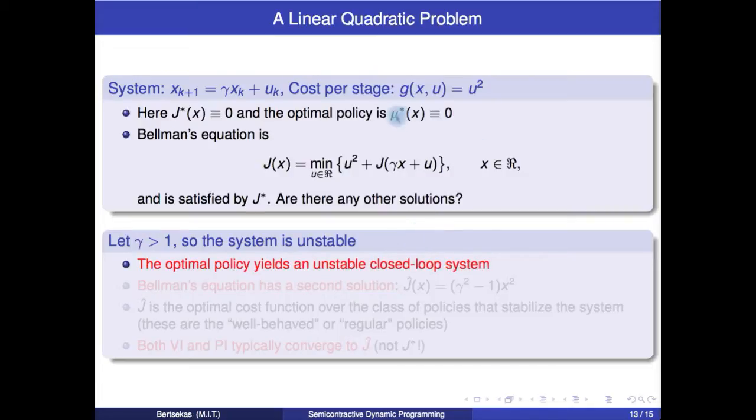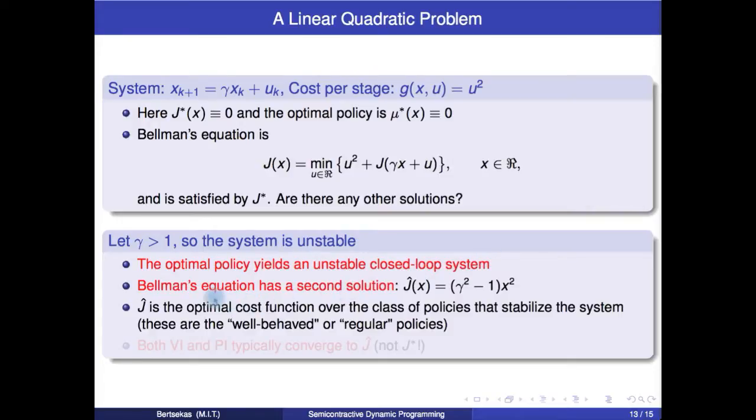Now, if you apply the optimal policy to this unstable system, it will stay unstable, so the closed loop system is going to be unstable, and even though this policy mu star is optimal, it is not very satisfactory from a practical point of view. Now, looking back again to Bellman's equation, it turns out that it has a second solution, which we are going to denote by j hat, and it is given by this quadratic expression.